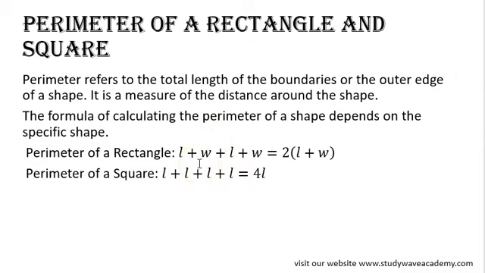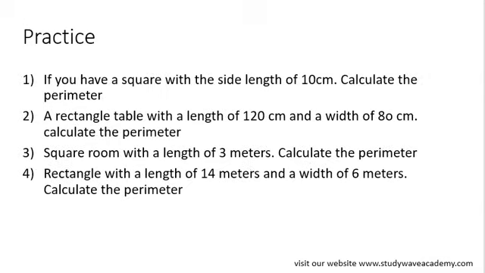Okay, so we are to practice more on how to solve the perimeter of a rectangle and the perimeter of a square, to be able to get more ideas. Here we are to practice from number 1 to 4 using our previous examples we have done.